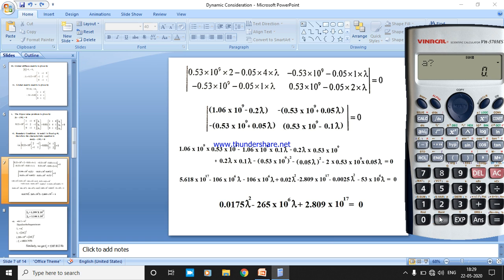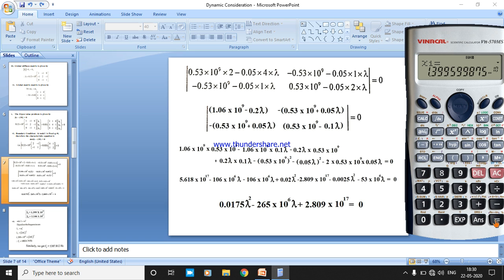So the A value is 0.0175. The B value is minus 265 into 10 raised to 6. And the C value is positive 2.809 into 10 raised to 17.